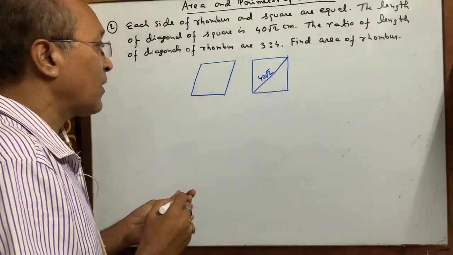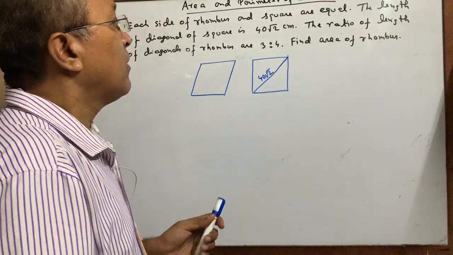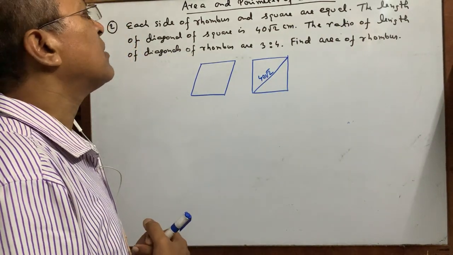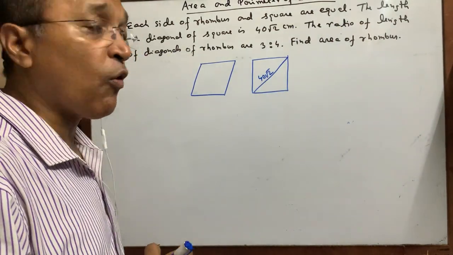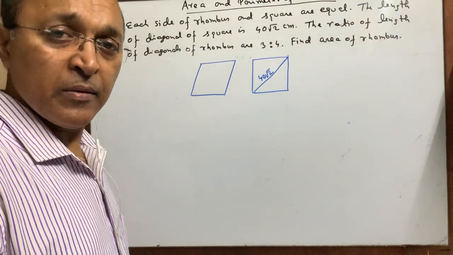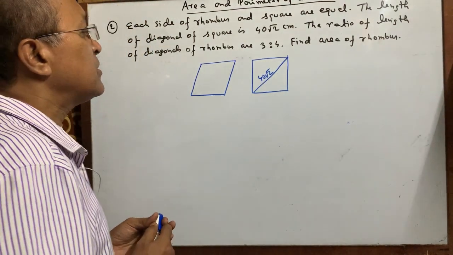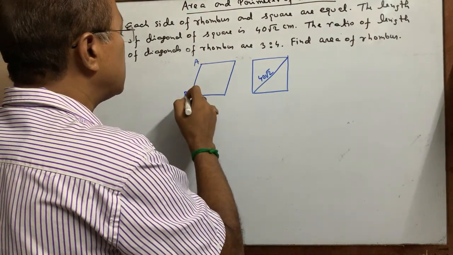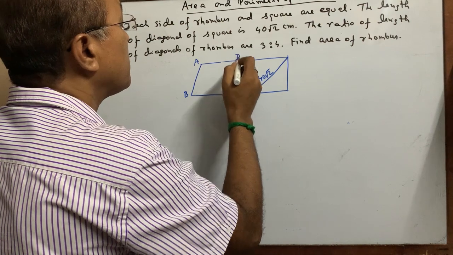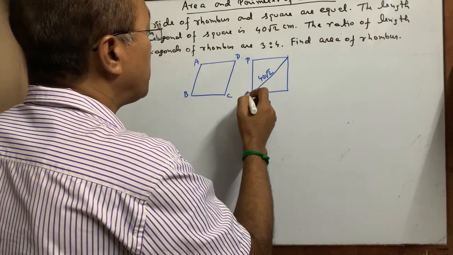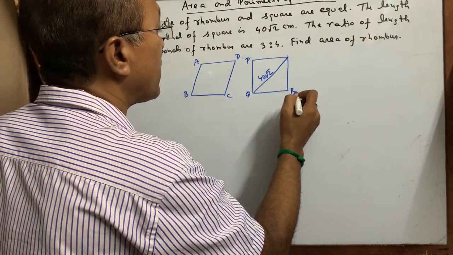The ratio of length of diagonals of rhombus is 3:4. We have to find the area of rhombus. So here ABCD be the rhombus and PQRS be the square.